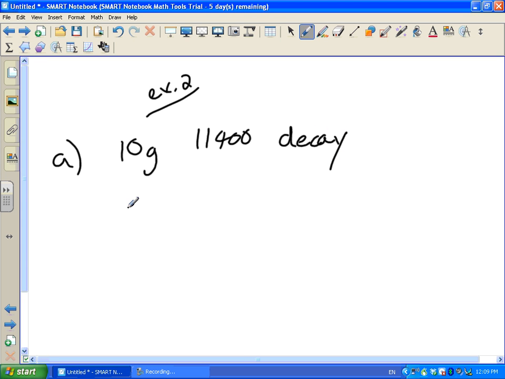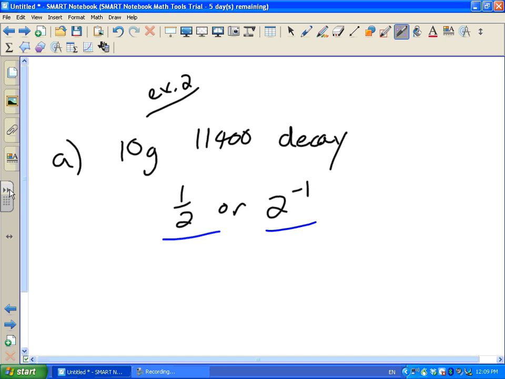Okay, we'll just start with 1. Now we know that this radioactive element decays at a rate of a half, or 2 to the negative 1. Is there any difference between those two numbers, 2 to the negative 1 and a half?